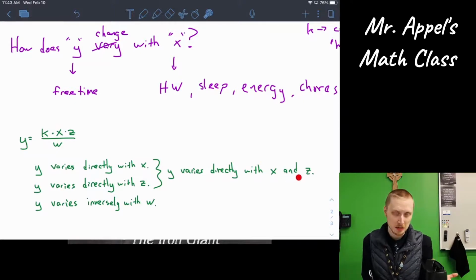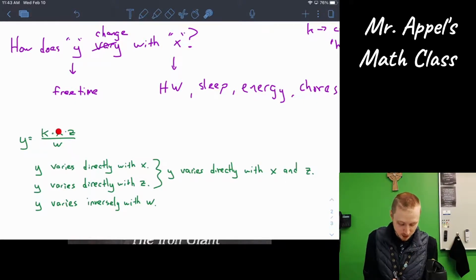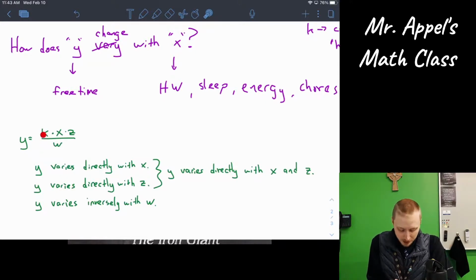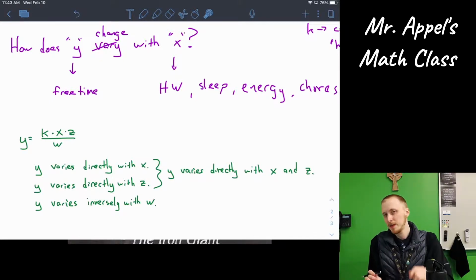Just use the word and, right? Those are both direct variations because they're multiplied by the constant. Okay? Think about comparing to the constant. If I take the constant and I multiply by my variable, it's a direct variation. If it's the constant divided by my variable, well then it's an inverse variation. Okay. Any questions so far?